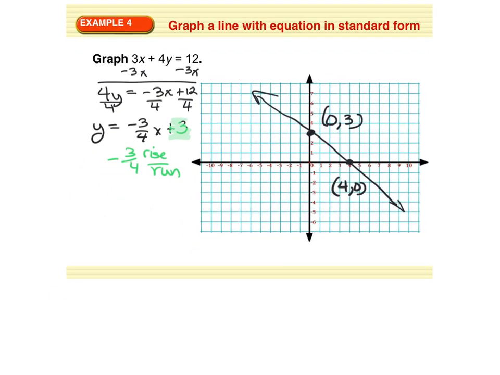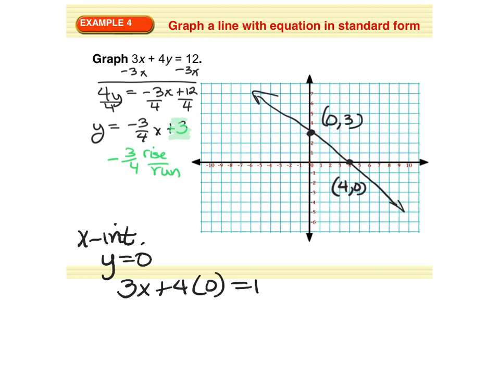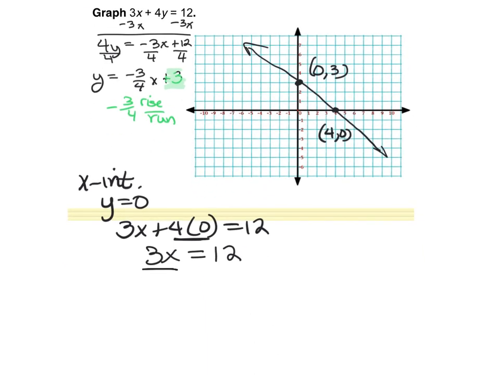So what we need to do to find the x-intercept, I set y equal to 0 and I solve. So 3x plus 4 times 0 equals 12. 4 times 0 is gone, so I'm just left with 3x equals 12 to solve. Divide by 3, and x equals 4. Notice it's the same ordered pair that I graphed already.